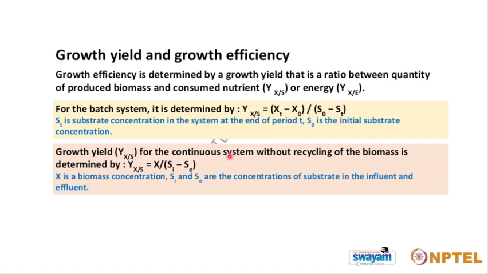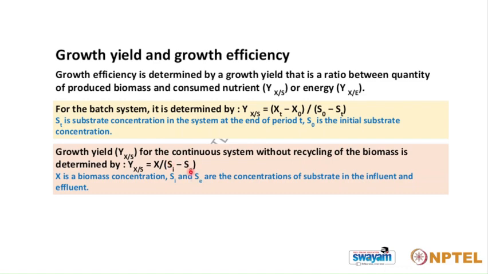So in the case of continuous system, and considering there is no recycling of biomass, the yield coefficient can be represented as x by Si minus Se. Here Si and Se are nothing but substrate concentration present in the influent and the effluent.